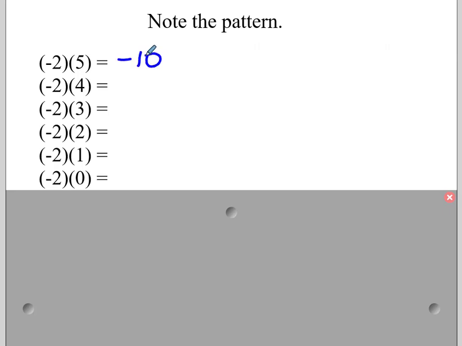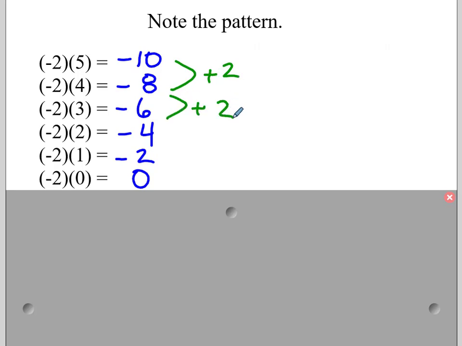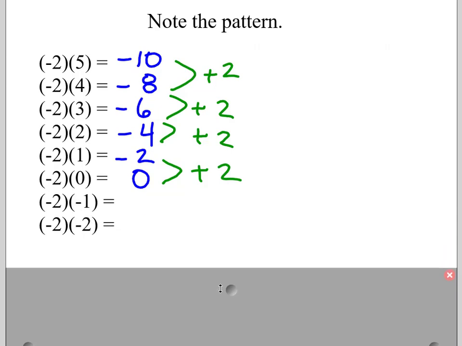4 times negative 2, that's 4 groups of negative 2, so negative 8, negative 6, negative 4, negative 2, and 0. Now you can see here, these are going up by 2. So if I follow that pattern, the next entry has to go up by 2.